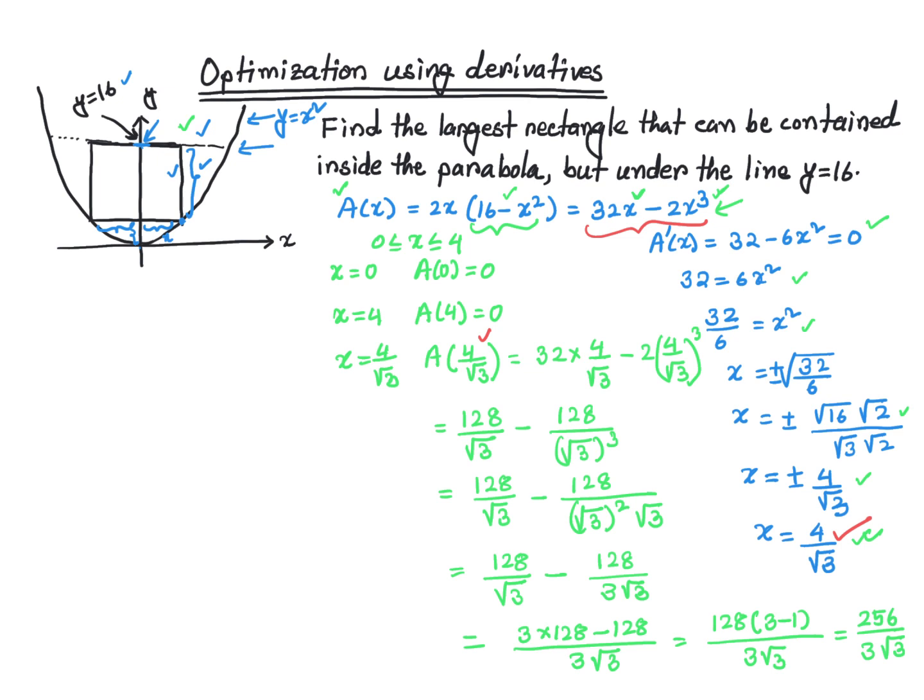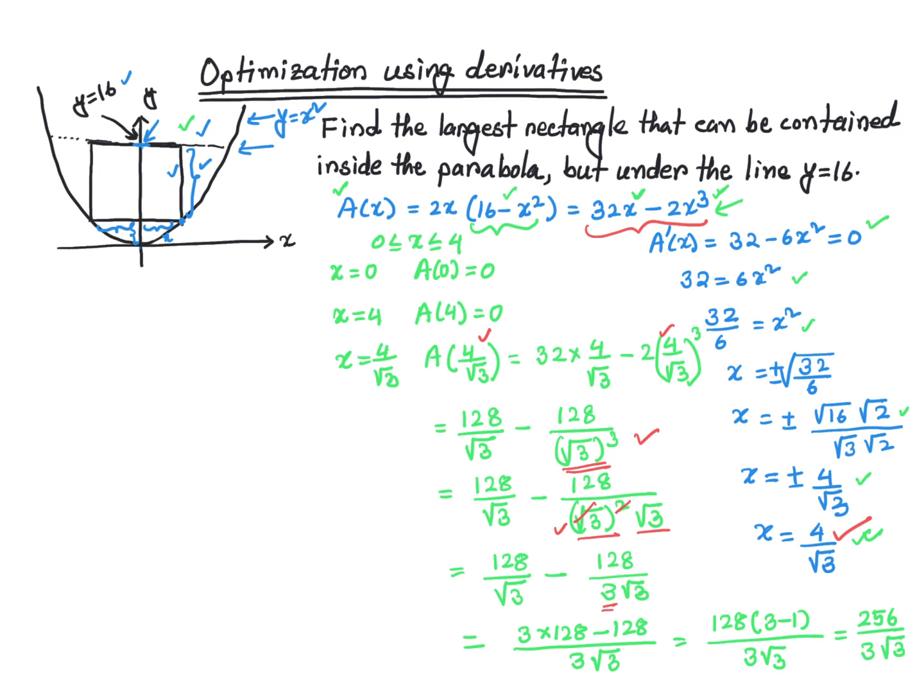So 32 times 4 over square root of 3 minus 2 times 4 over square root of 3 cubed. So I just simplify it here, as you can see. The only thing is that here I break it down into square root of 3 squared times square root of 3. So that square and square root cancel out. That gives me 3.